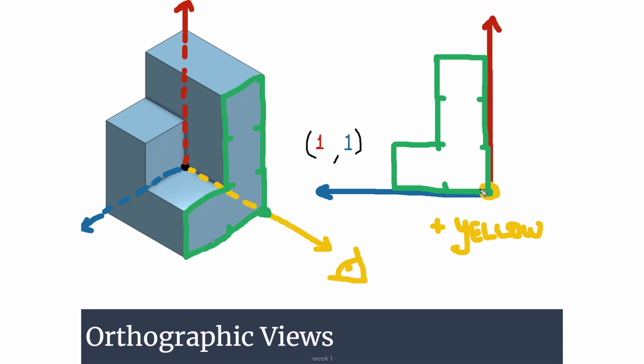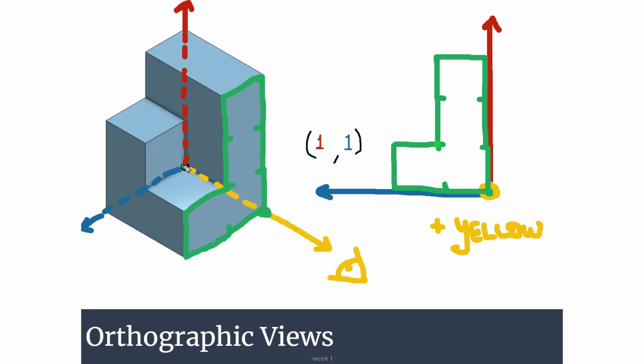There's technically a yellow direction too. There's some depth, but we're not worried about that. This is an orthographic view. So let's start there. If we start at 1, 1, or 1 red, 1 blue, that brings us to this point on our orthographic view, projected back here on this 3D view. Then let's do exactly what we just did before, from this offset point.